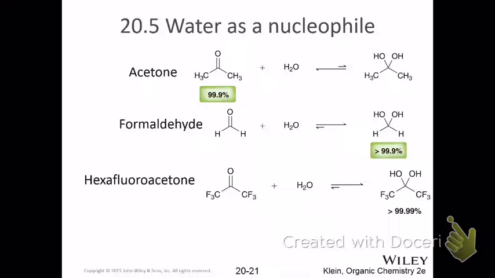Okay. And if you put a little bit stronger electron withdrawing groups on it, or a lot stronger electron withdrawing groups on it, then it becomes much more product favored as well. So that's the electronic effect of having a positive charge and putting the electron withdrawing groups on there, making that carbon more electrophilic.